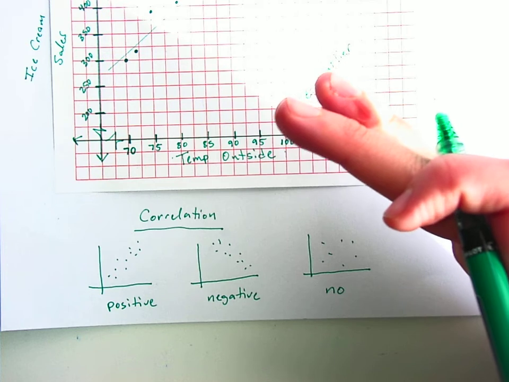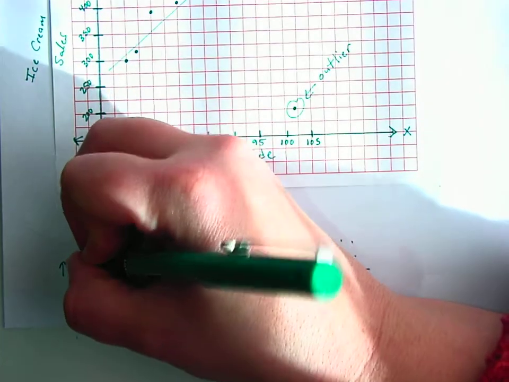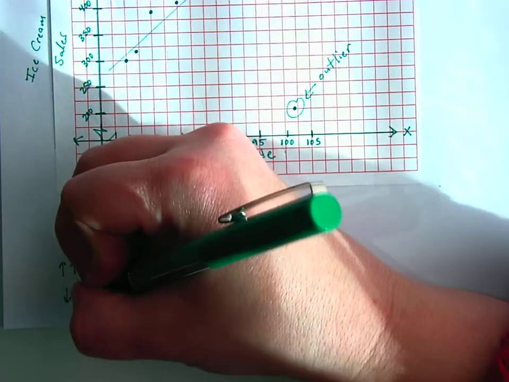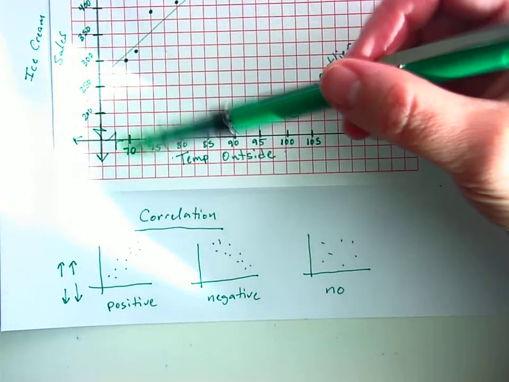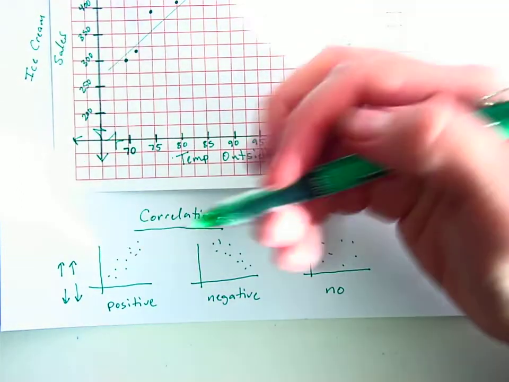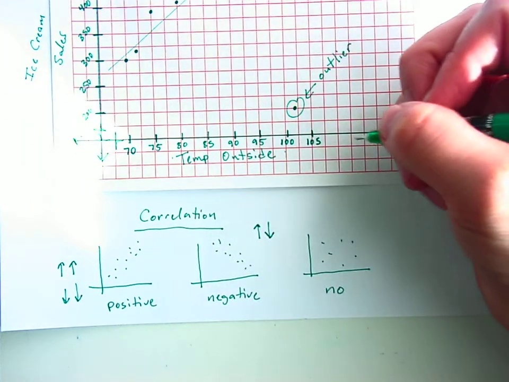A positive correlation means as one of the things goes up, the other goes up, and vice versa. As one goes down, the other goes down. So like these ice cream sales would be a positive correlation, because as the temperature goes up, the sales go up. A negative correlation means that as one goes up, the other goes down.